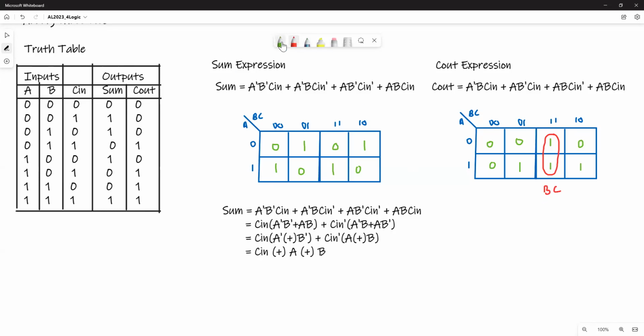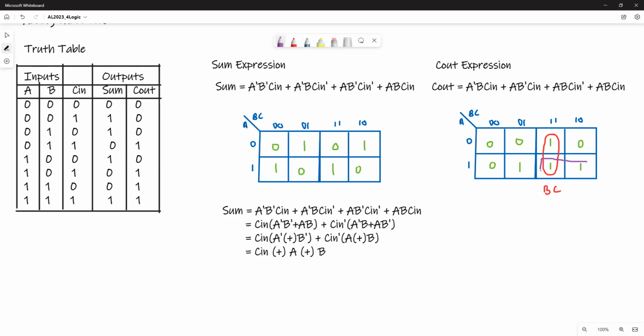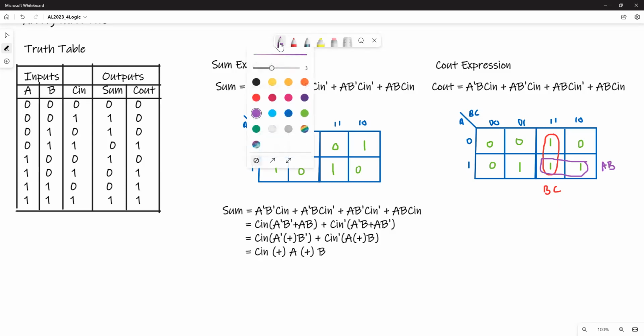And then, let me cover this one. So this one, we know we have A and B. So this will be AB. Right. And then let's take another color.